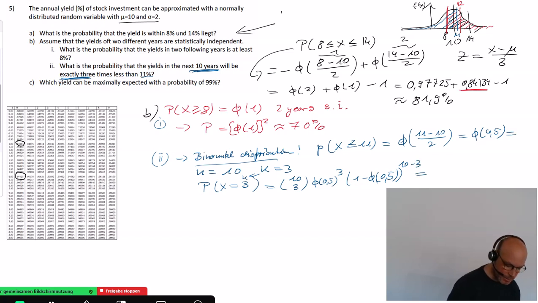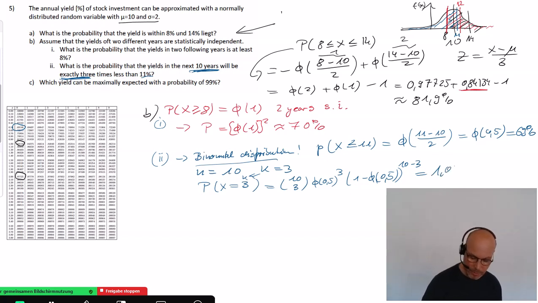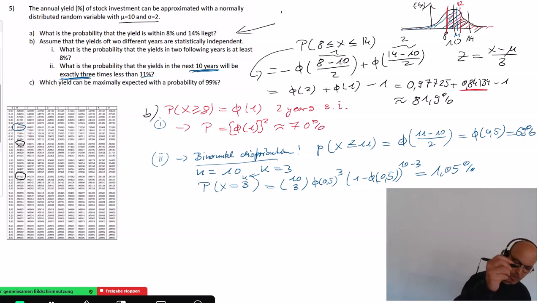This again we can look up, and this is our 0.69%. And inserting this, we obtain 1.05%. 3 minutes left. One color left, green.